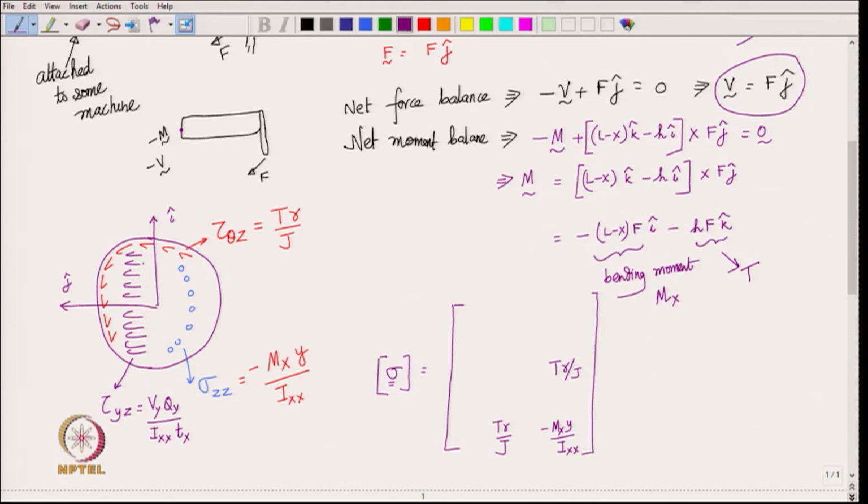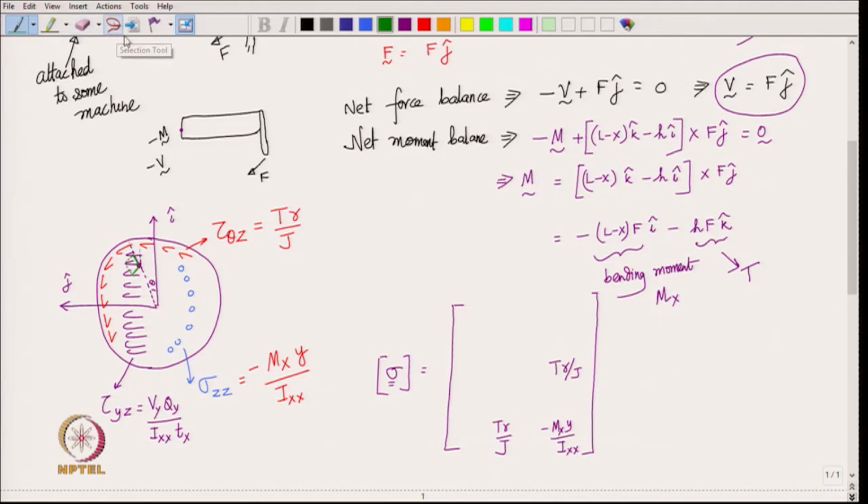So, think of any point here. So, we have this theta here. So, this tau y z has got two components, one in the radial direction, which is this one, and one in the theta direction.